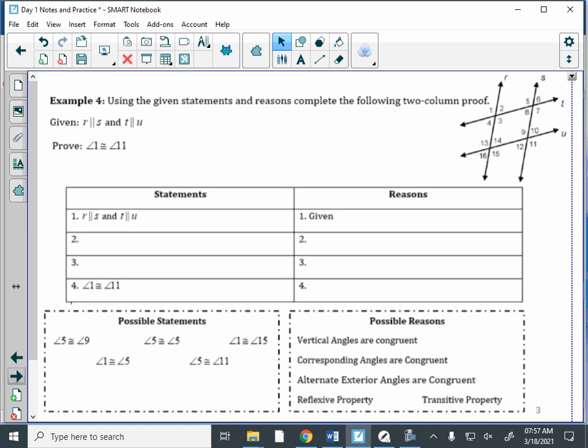Last example here. Here we have double parallel lines, but the process is still the same. Even though there's double parallel lines, it's still the same process. Okay? You're given information first. Given is your first reason. What you're trying to prove is last.